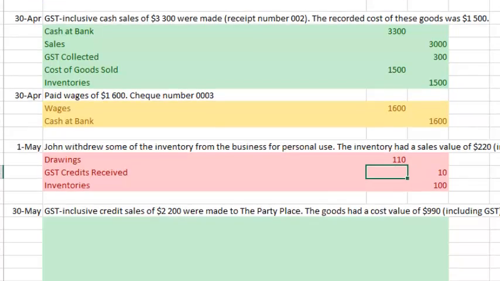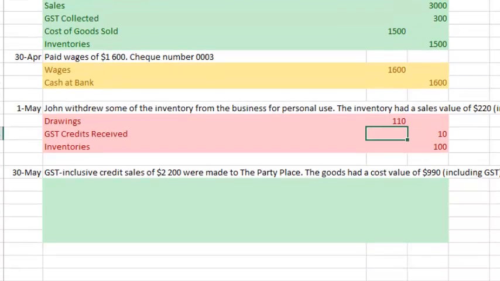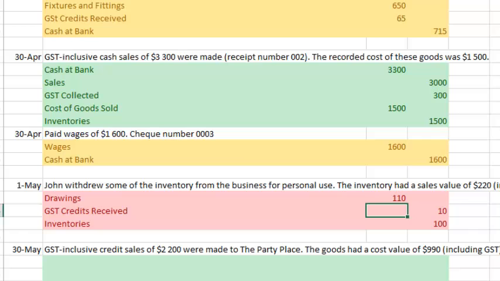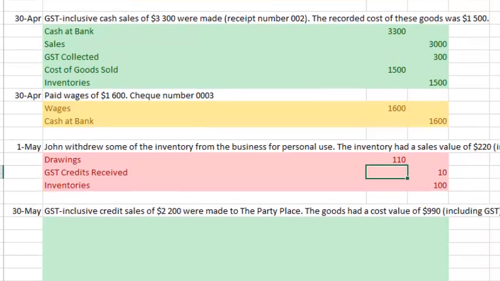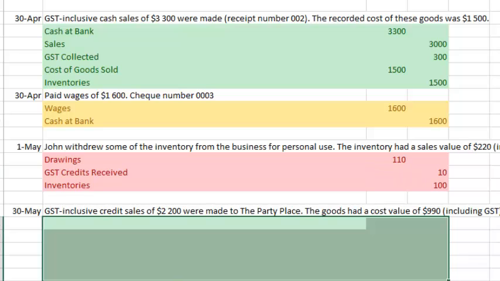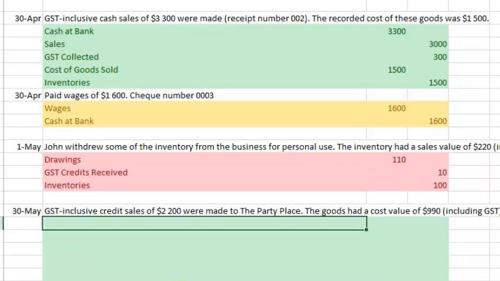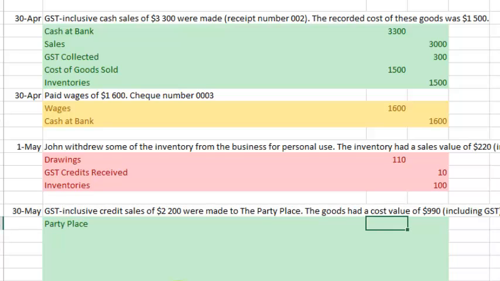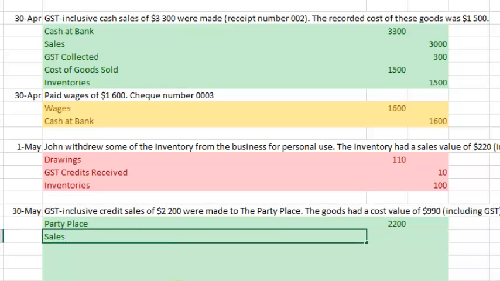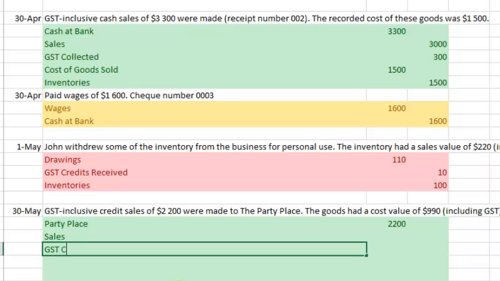Here's another sale, but in this instance, this sale on the 30th was not for cash, but to a customer called the Party Place. So let's put in that first, Party Place, and the total they owe us is $2,200. It's relating to a sale, and whenever we make a sale, it's GST collected.